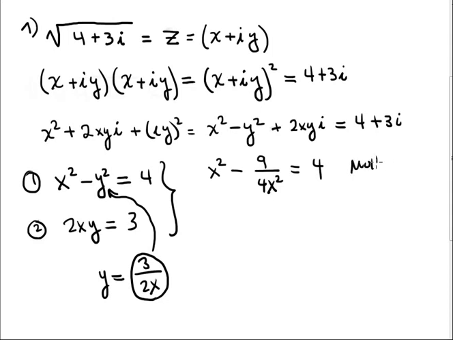Now multiply by 4x squared, because I want to eliminate this fraction. We have 4x to the 4th power minus 9 is equal to 16x squared. Let me write this equation in standard form.